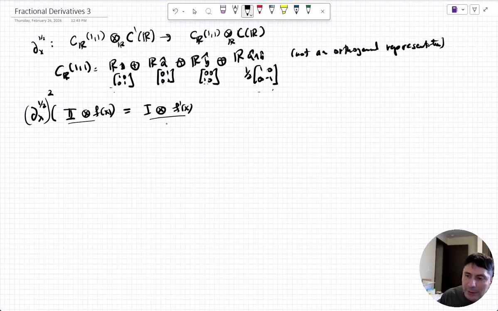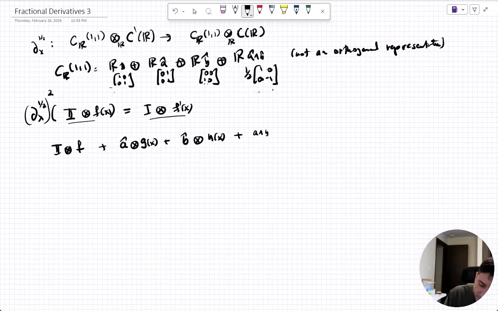So now let's look at the generic definition, right? Remember, in the domain there is I tensor f plus, in this case, A tensor g of x plus B tensor h of x, plus, normally I would do A wedge B, but let's do AB basically, which in this case is going to be 1, 0, 0, 0, 1, right?